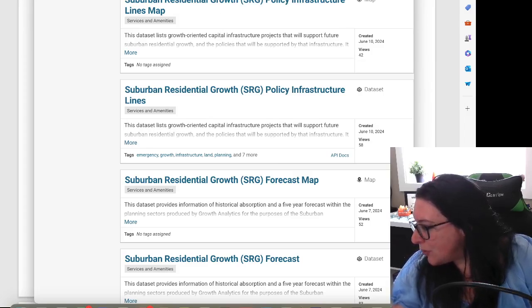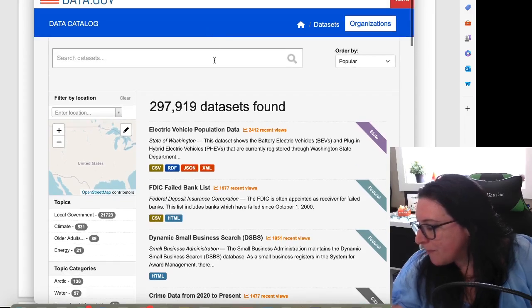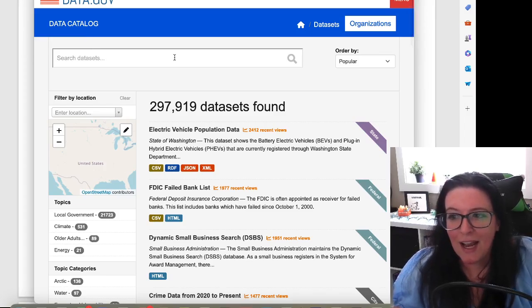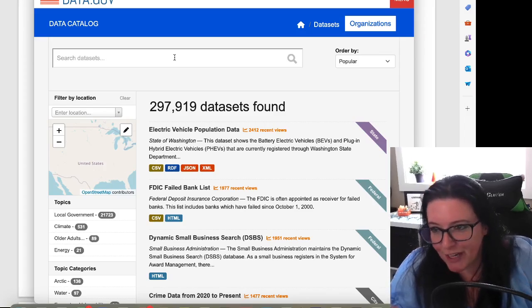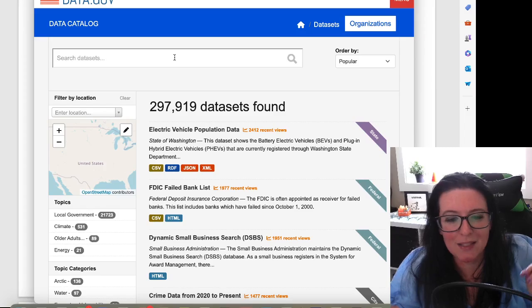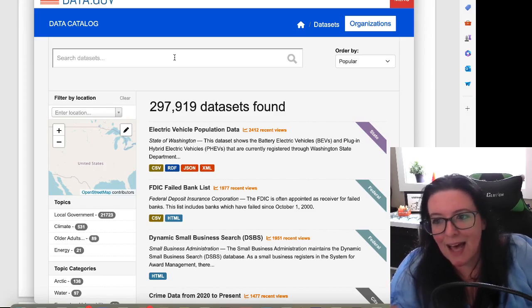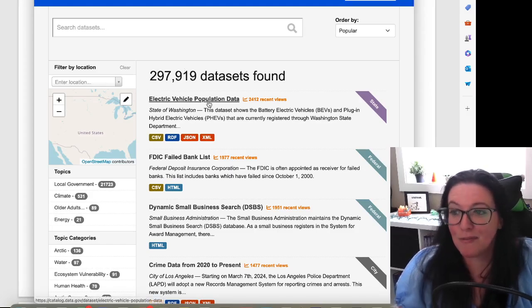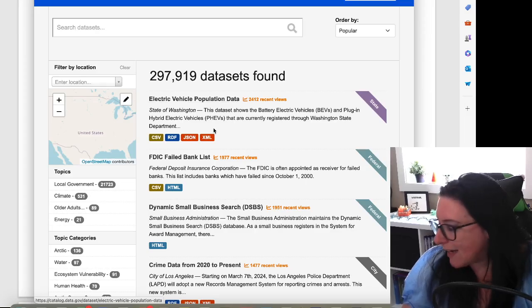When it comes to the US, there is a website called data.gov. Any research projects that are funded through US federal grants, the data gets posted here, and you can pull this data and analyze it for your own purposes. Secondary data analysis.